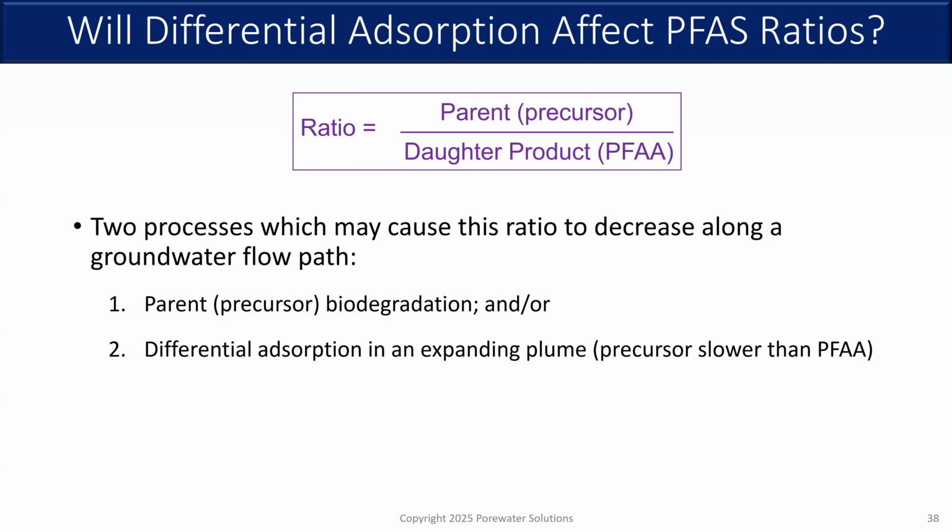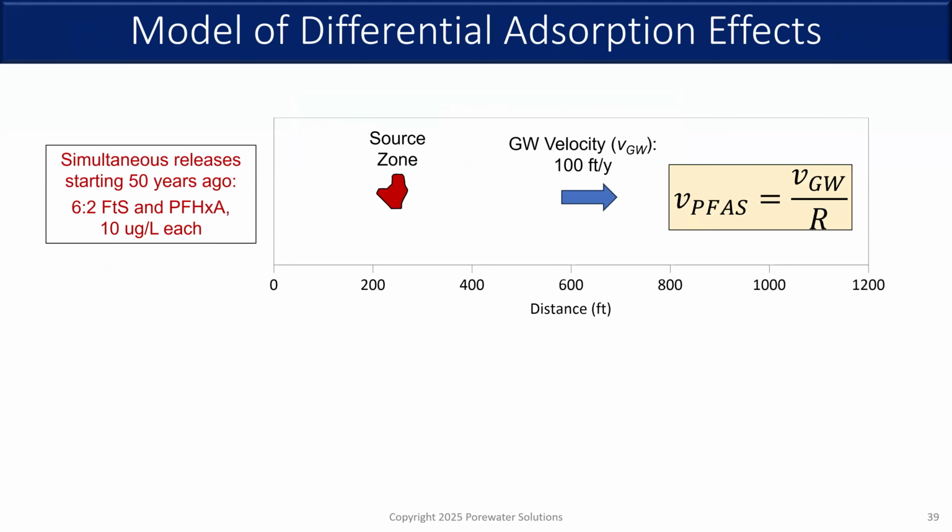Sometimes I have people looking at ratios, and a lot of people say, well, the ratio is different because of differential sorption. That's true at sites where the plume is not stable. But I'm going to show a modeling example where if the plume is stable, differential sorption actually is not a factor and will not influence these ratios.